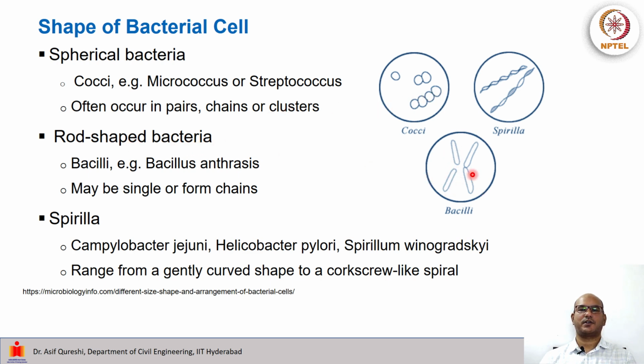For example, the bacilli, an example being Bacillus anthracis, and they may be single or they may form chains. Then we have the spirilla, which include Campylobacter jejuni, Helicobacter, Spirillum winogradskyi, and these are spiral in shape. They range from a gently curved shape to a corkscrew-like spiral.